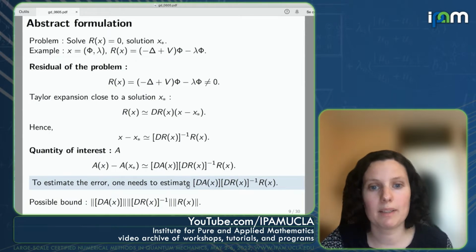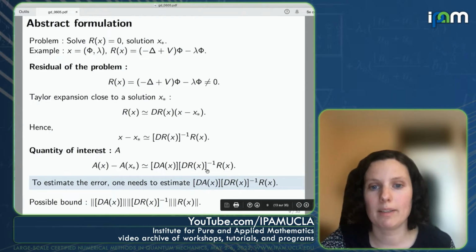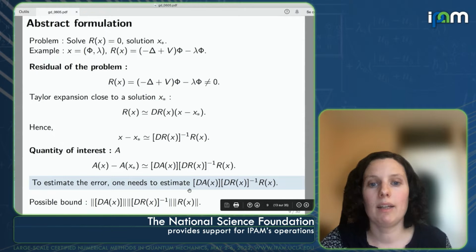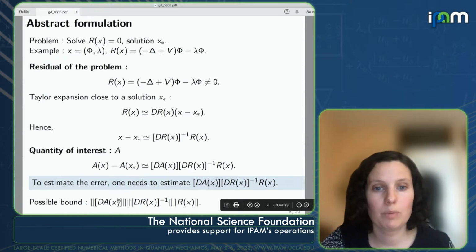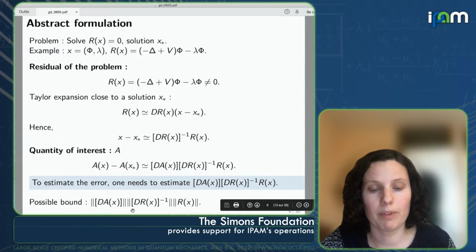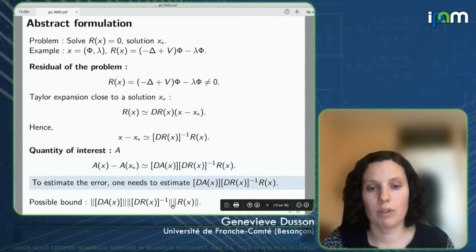And so in a way, to estimate the error, we just need to estimate this quantity. And a possible trivial bound for this would be to take all operator norms and compute the norm of this differential times the norm of this differential times the norm of the residual.